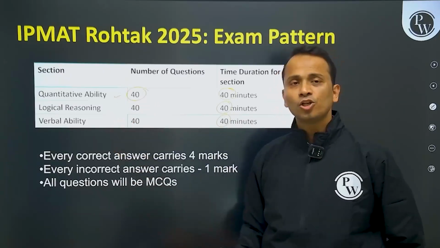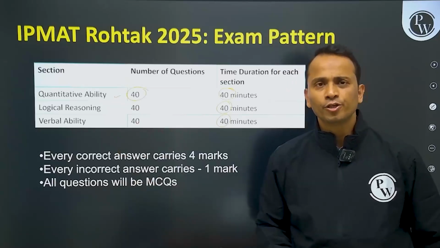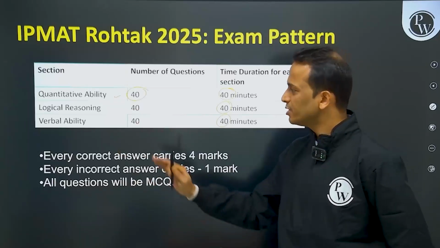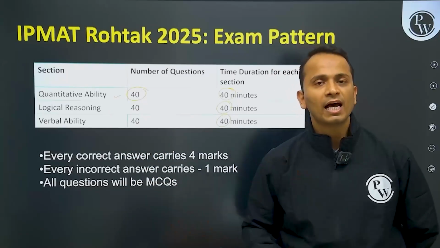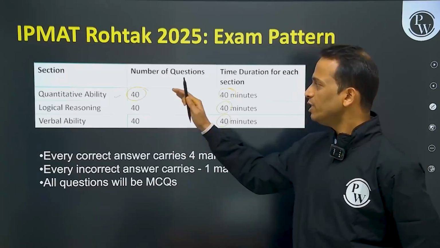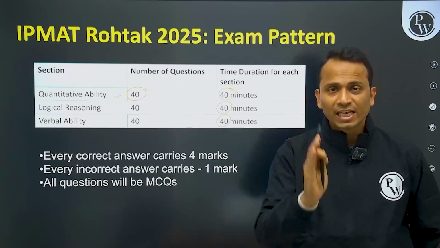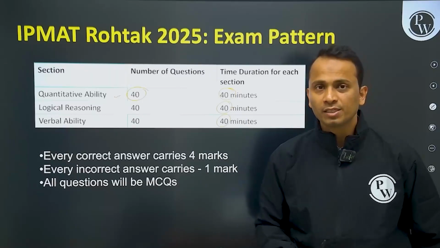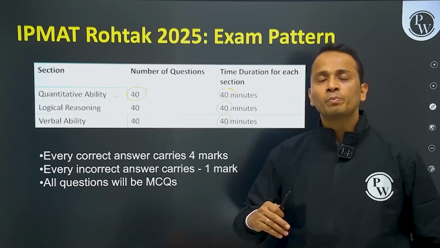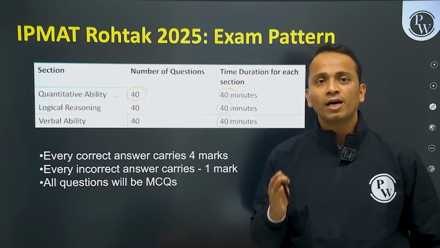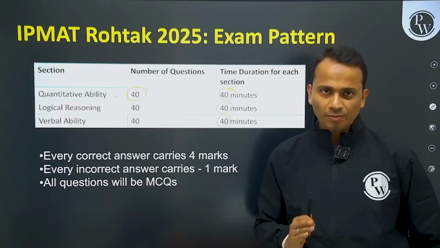The second section, Logical Reasoning, again has 40 questions, and the third section is Verbal Ability, which again has 40 questions. For each of these sections, we have a sectional time limit of 40 minutes. That means you cannot spend more than 40 minutes on any of these sections.